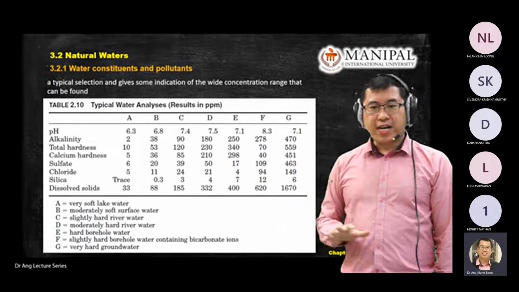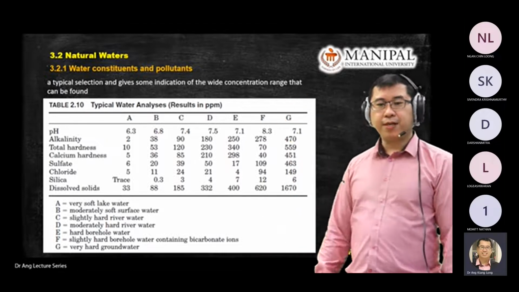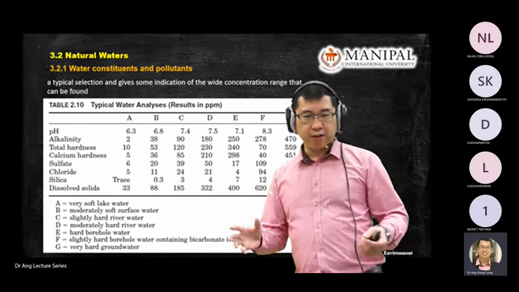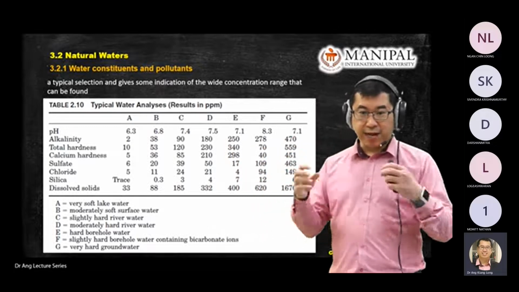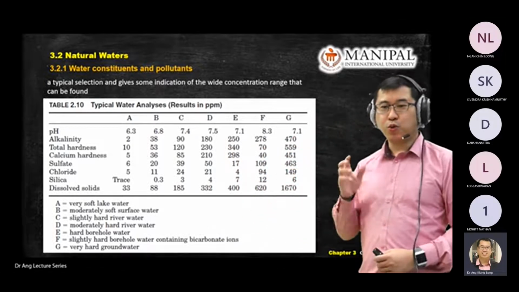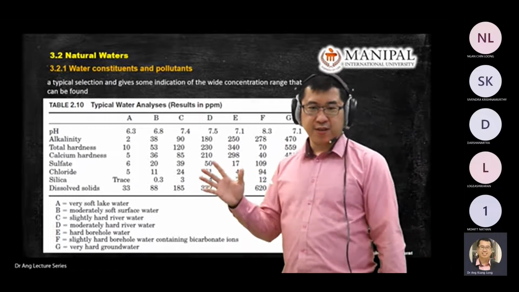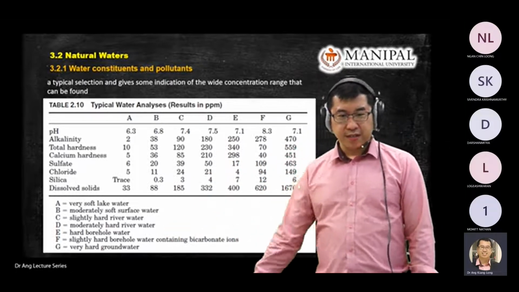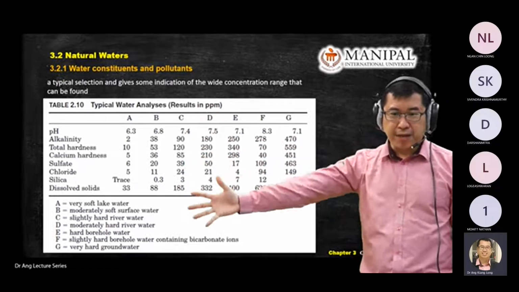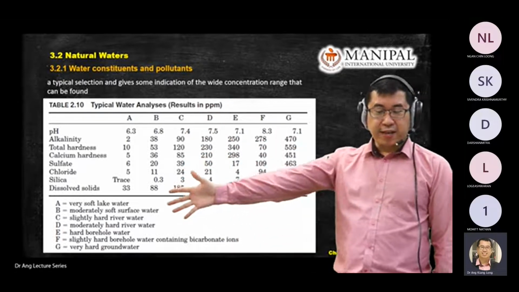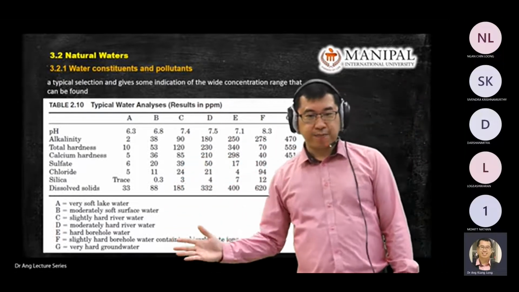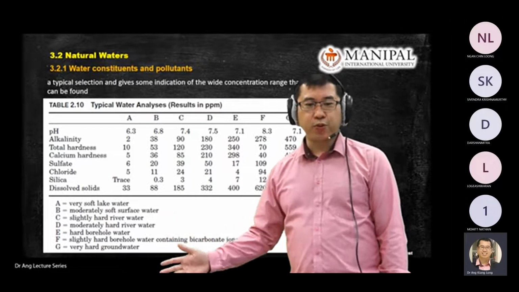So what kind of question can we come up with from this table? We'll give you a scenario, give you a table with the values, and then I ask you to identify the type of the water or the quality of the water. It's like I give you a map, then I give you a GPS location, and you go and find where you are.